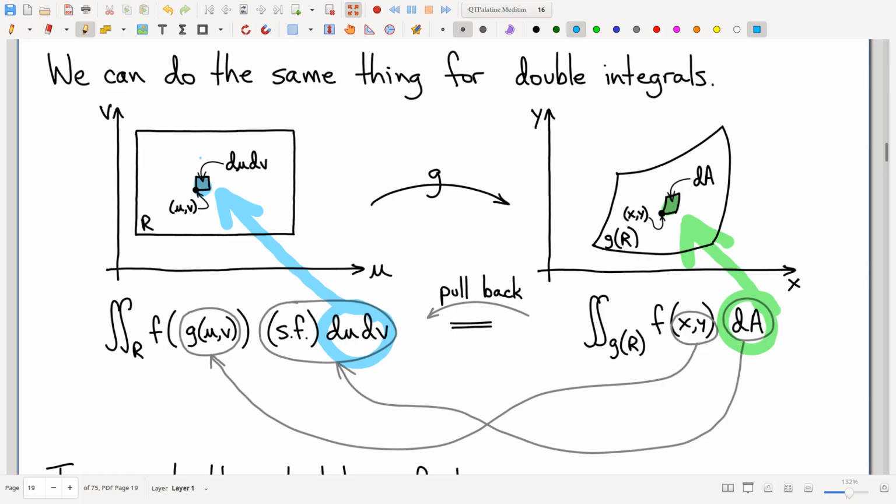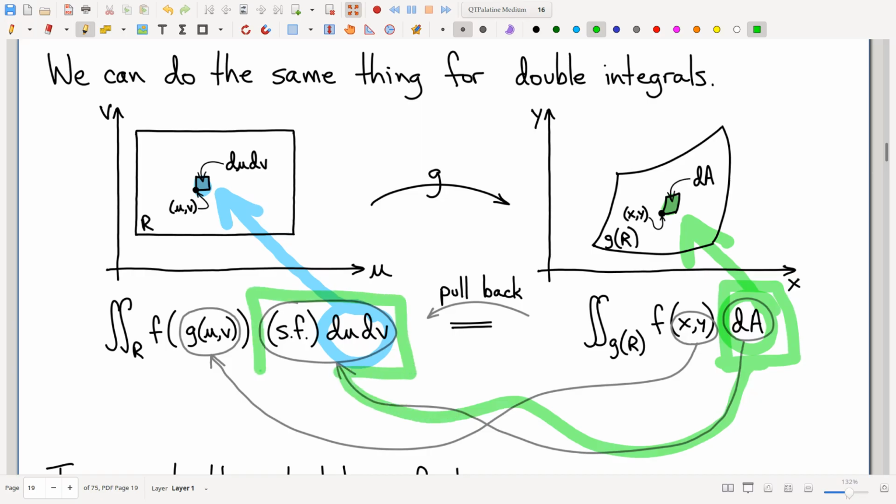So if I want to replace dA with something I write in terms of u and v, I need to know that dA is not the same as du dv. I need to know what factor I need to multiply the blue area by to get the green area. That's something we're going to have to figure out. But this is the big picture of our strategy. Everybody kind of see what we're trying to do here? Details to be determined?